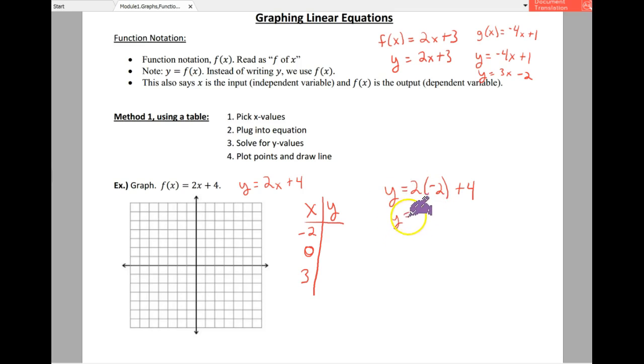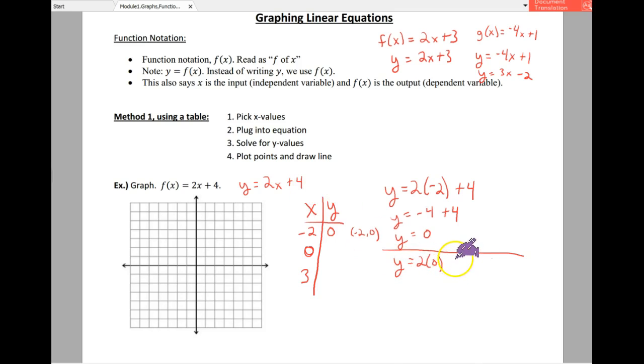2 times negative 2 is negative 4 plus 4, which is 0. So that gives me the ordered pair negative 2, 0. Now I'm going to do the same thing with this next x coordinate. So now I'm going to let x be 0. So everywhere I see an x, I'm going to plug in 0.